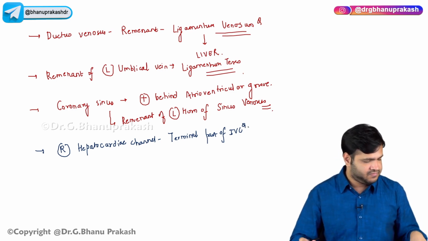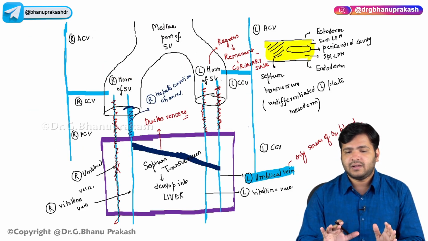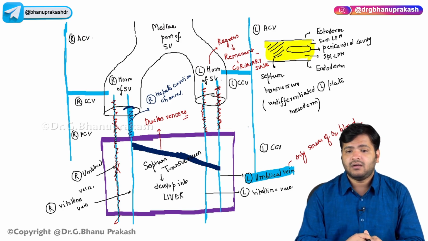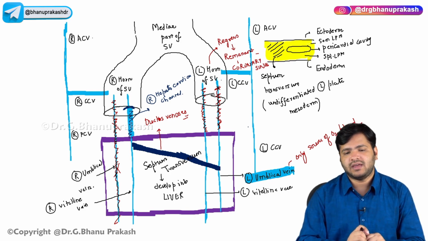So yes, we have discussed how the coronary sinus is basically formed, right, and we have all discussed the ductus venosus over here and the right hepatocardiac channel, right?